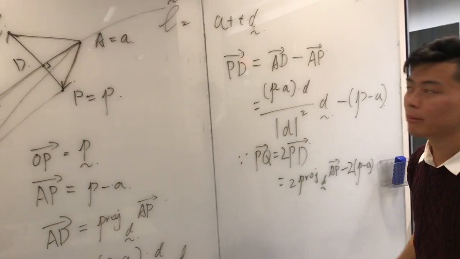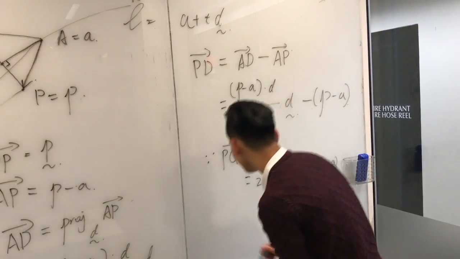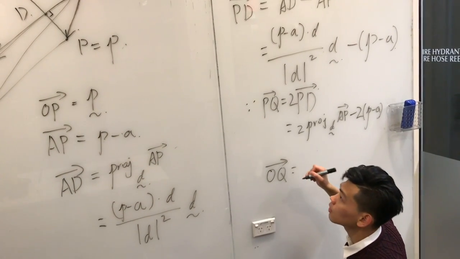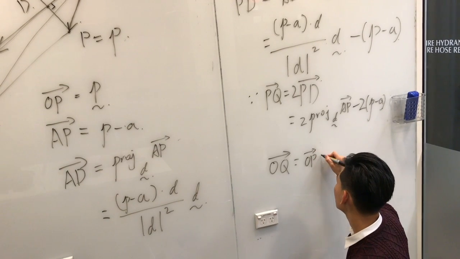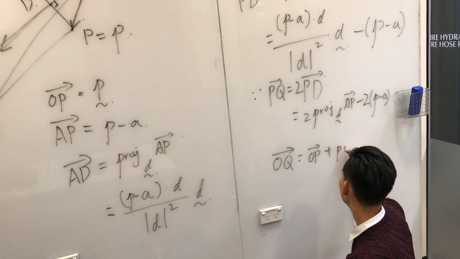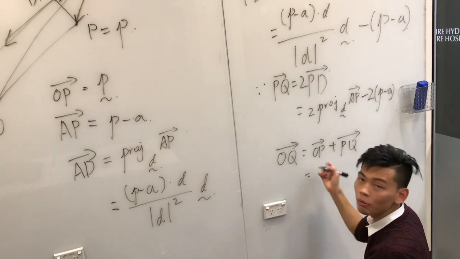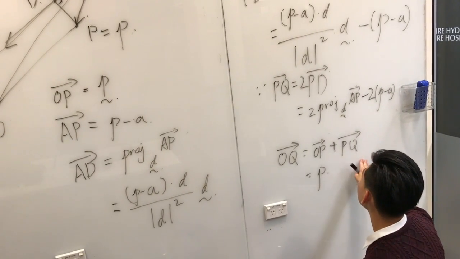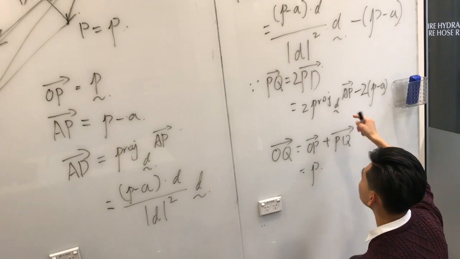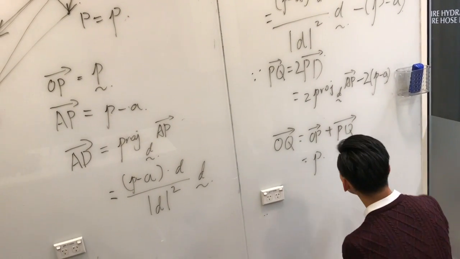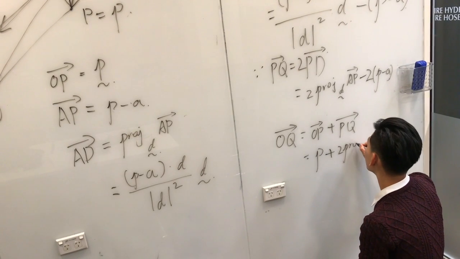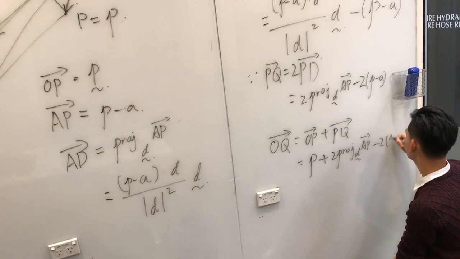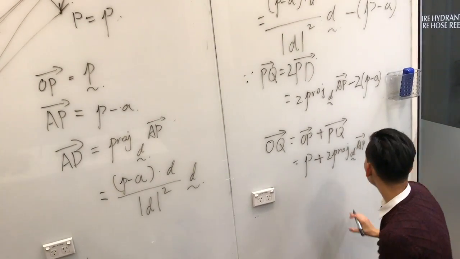Now we go to the final step, finding Q. So what's OQ? OQ will be OP plus the vector PQ. OP is P, right? And PQ is 2 times the projection of AP on D minus 2 times P minus A. Then we just simplify it.